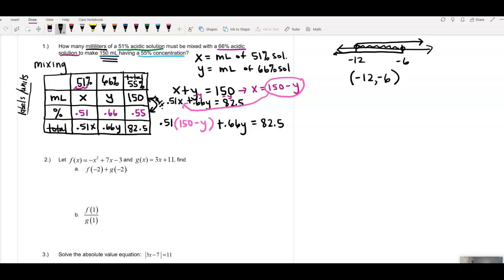I got that y equals 40. Okay, 40. So let's see. It looks like some people are saying that's what they got there too. Just another minute, make sure everybody.